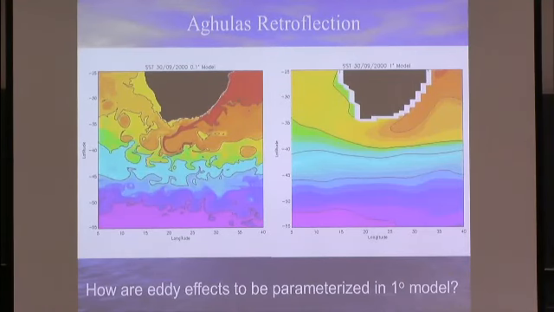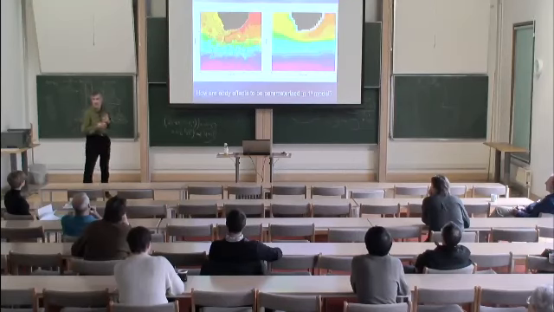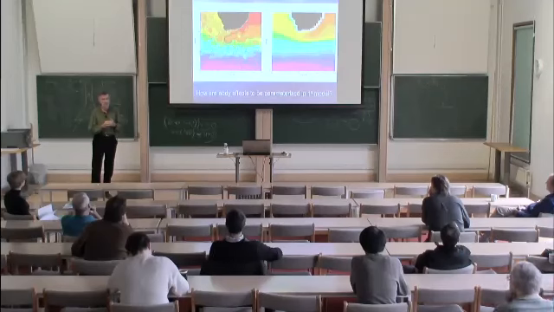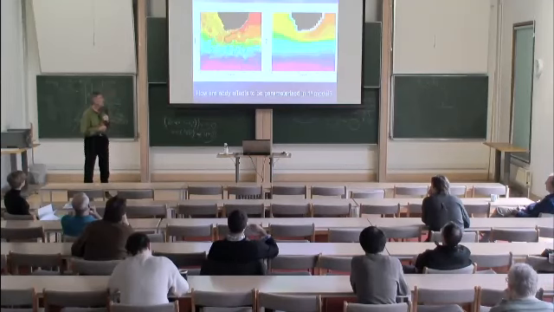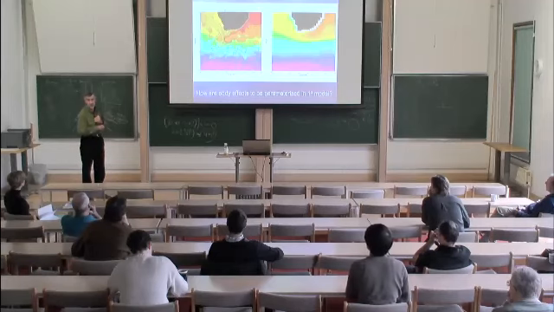So in the ocean, these mesoscale eddies are the equivalent of highs and lows in the atmosphere. In an atmosphere model at 1 degree resolution, you are partially resolving those eddies, highs and lows. But in the ocean at 1 degree, there's absolutely no chance of resolving these mesoscale eddies, which in fact, if you look at an energy spectrum of observations in the ocean, are the most energetic scales of motion in the ocean.